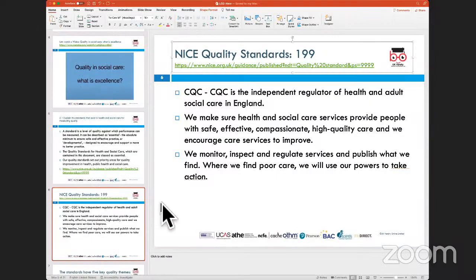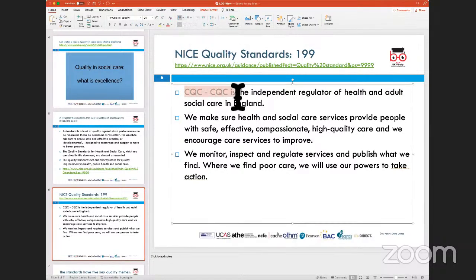Now, if I take you back to the slide where we will discuss them in a bit of an overview, what I would do here is talk about these standards which NICE has set. Now, when we look at some of these standards which are implemented and then regulated, the main regulator in England and Wales is the Care Quality Commission. This is an independent regulator of health and social care services, adult social care services in England. They are responsible for ensuring that all health and social care services which are provided are safe and effective.